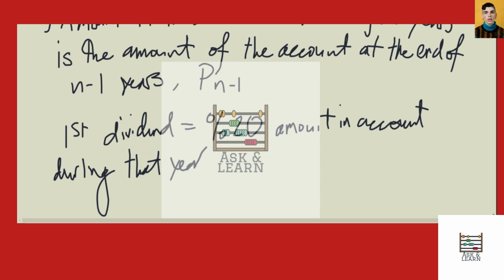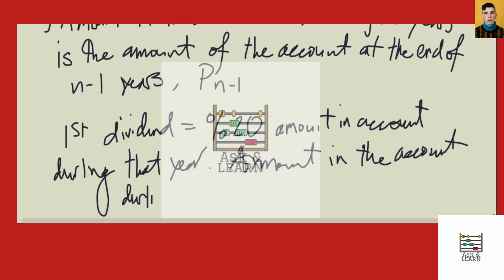And the amount in the account during that year is Pn minus 1, the same as the amount at the end of last year.